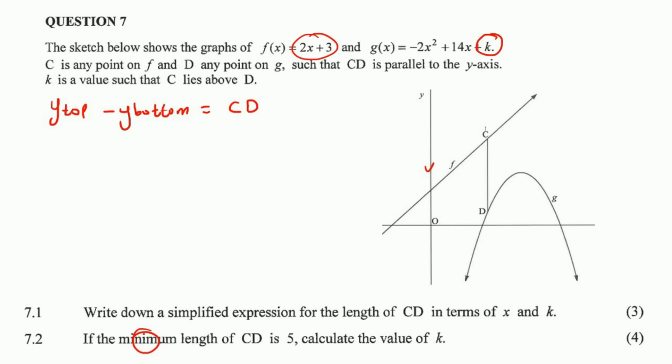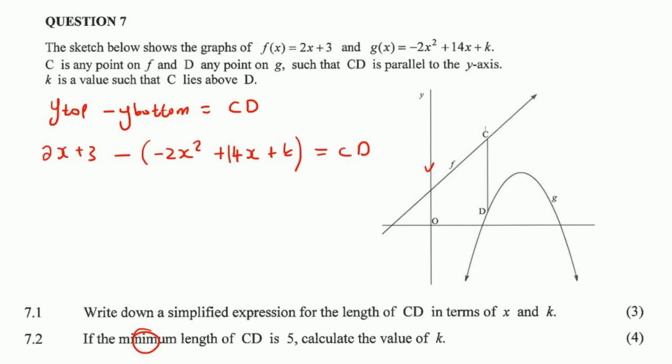So you replace its y with 2x plus 3, minus, and now we just put the bottom graph, which is this one, but it must go in brackets because we are subtracting. Like that, and then you make that equal to CD.